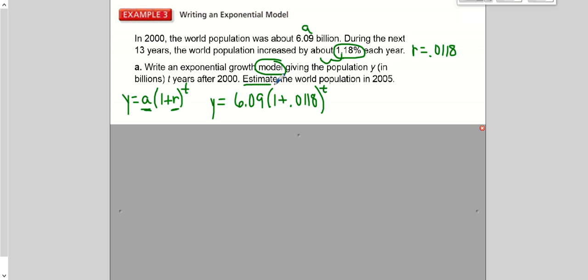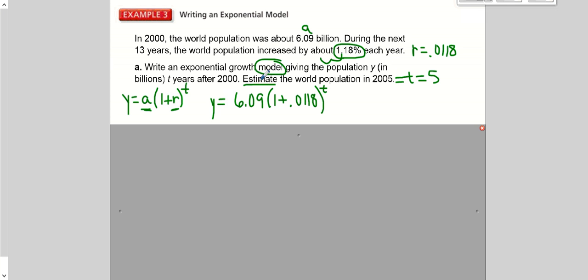Now it's asking to estimate the world population in 2005. So what do we use for T for 2005? We're not going to use 2005. T is years after 2000. Okay, so T is just the number past 2000. So from 2000 to 2005, that's 5 years.